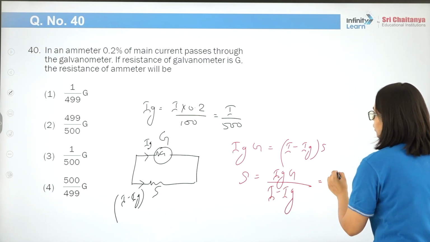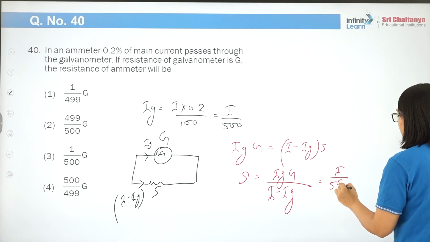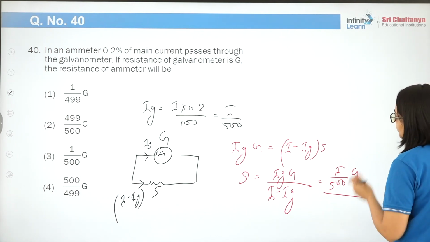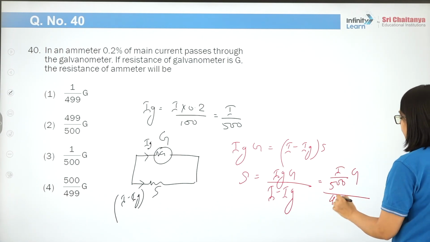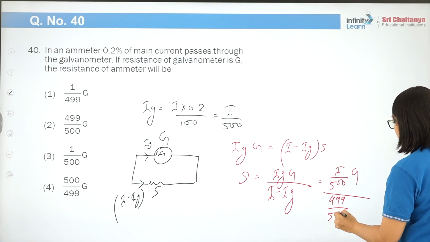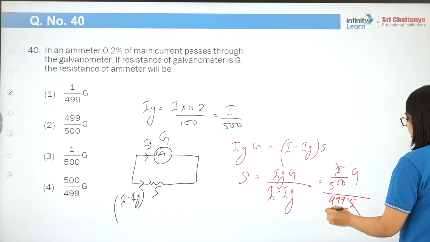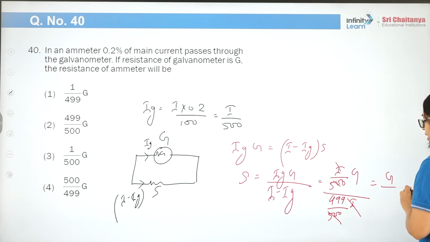So Ig is I upon 500, into G, divided by I minus Ig, that is I minus I upon 500, which is 499 divided by 500 into I. The I cancels, so we have shunt as G upon 499.